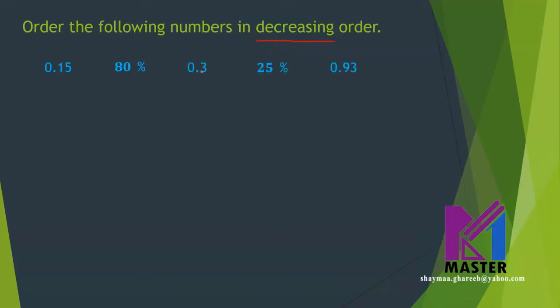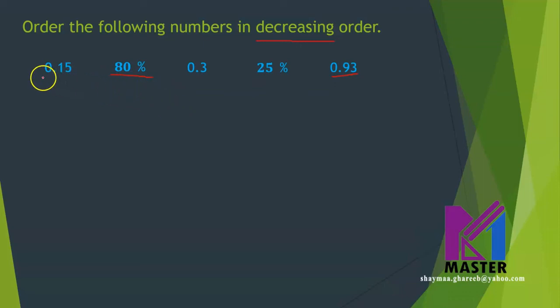I have these numbers. Some of them are decimal numbers and some of them are percentages. So in order to be able to order these numbers, I will change the decimal numbers into percentages. So I have all my numbers in percentage form, or I can change the percentage into a decimal.